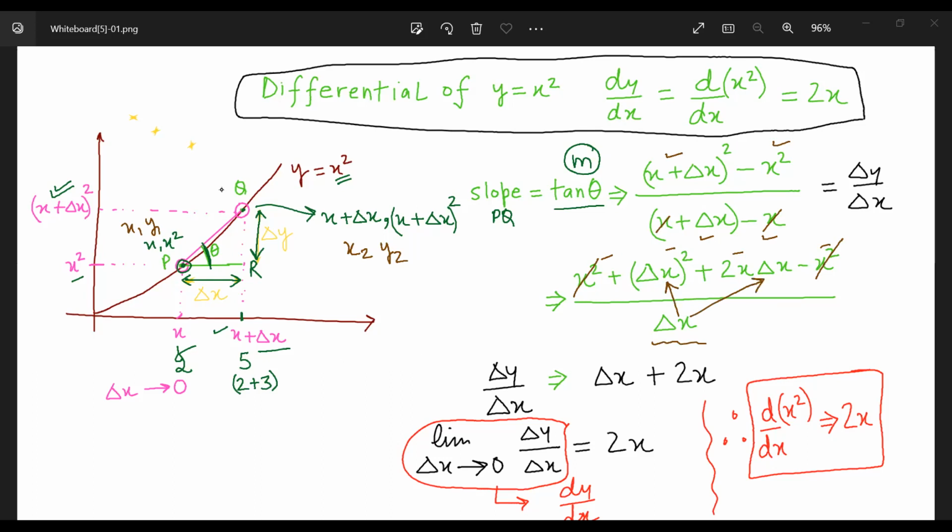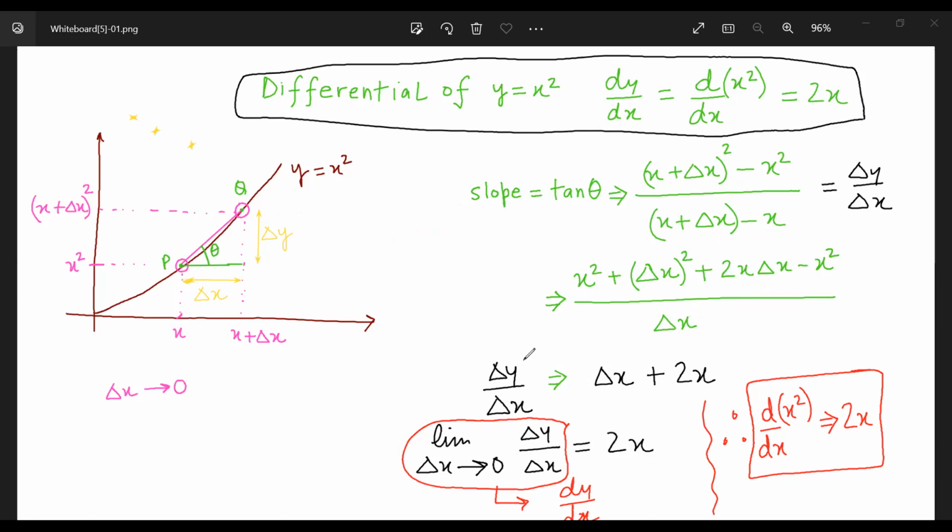So it will simplify to delta x plus 2x. So the slope, delta y by delta x, is given by delta x plus 2x. Is it making sense?